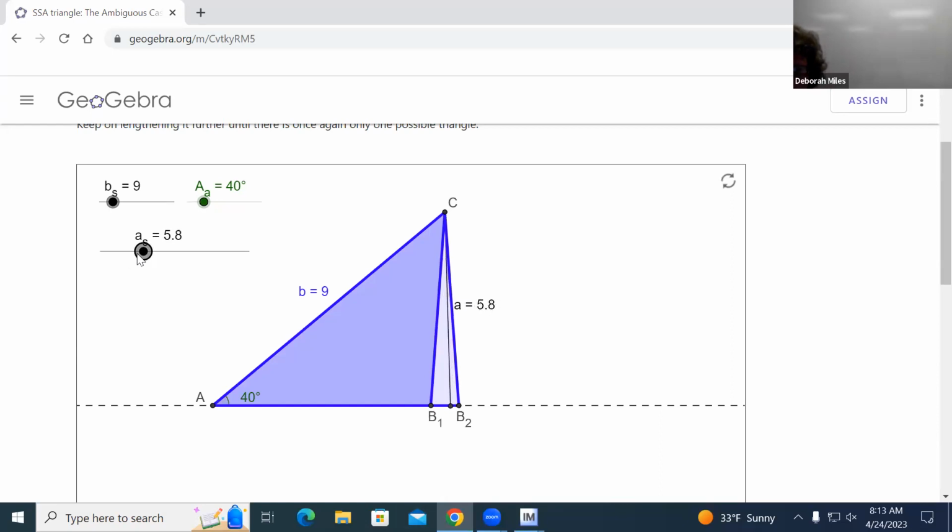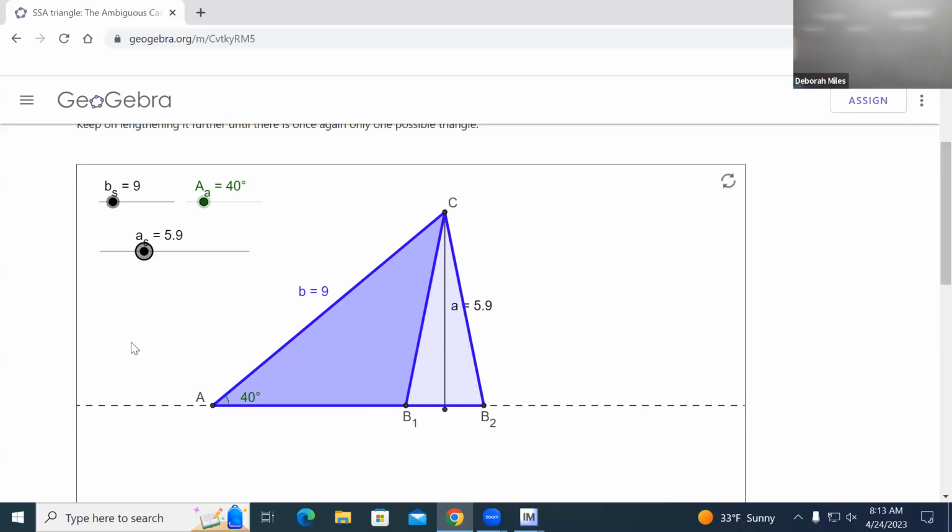I can't nail it right now. But if A was exactly this length, then there would be one triangle. It wouldn't have to be a right triangle, but you'd only get one triangle.